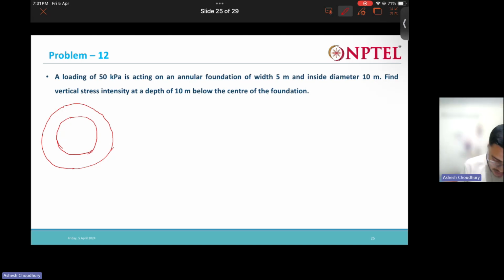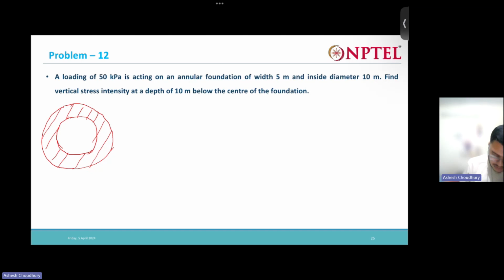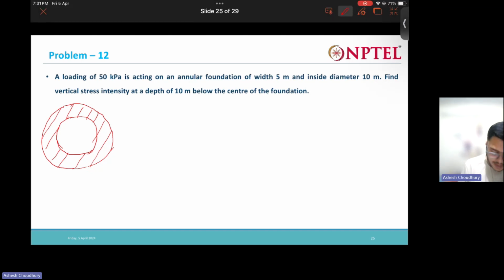This is 5 meter, and the inside diameter is 10 meter.